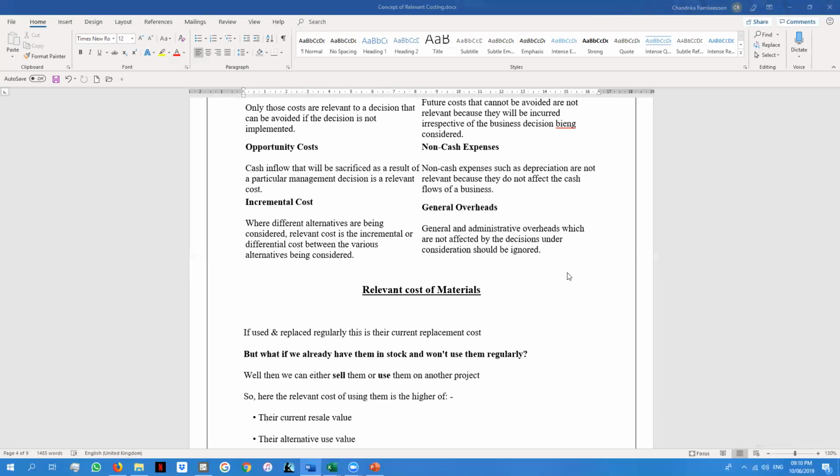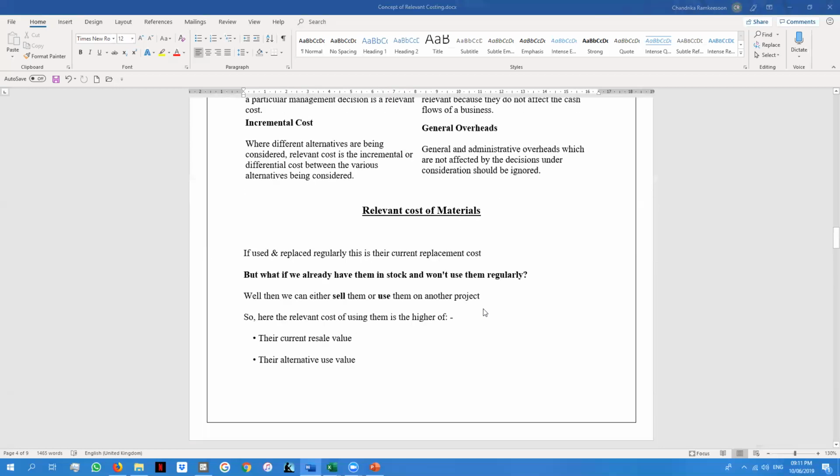So when looking at a decision situation which involves materials, the only way that you can accurately work out the relevant cost of the materials is if you know the rules of relevance related to materials, and this is what we are going to look at now. So, determining the relevant cost. In order to get this across, as we go through the different types of costs, I have to use a decision situation to refer to.